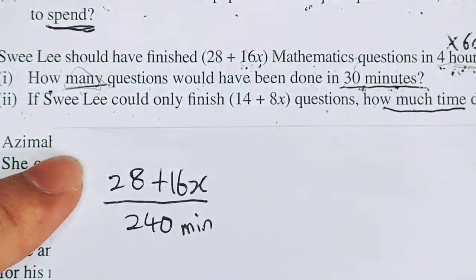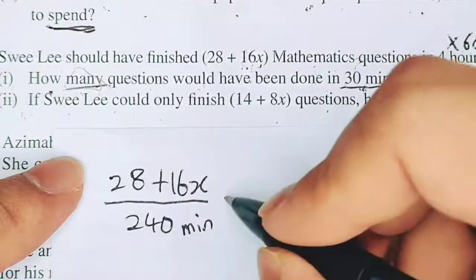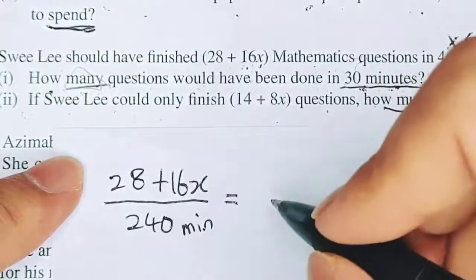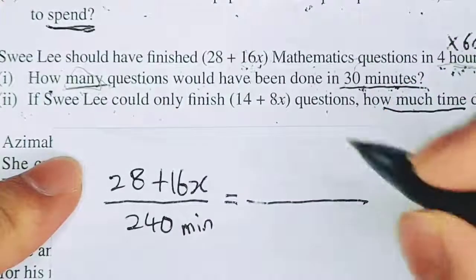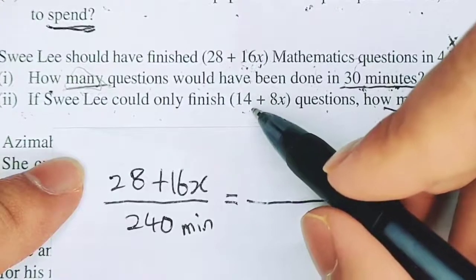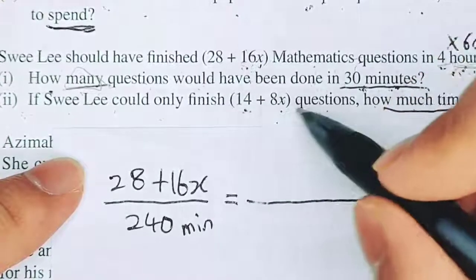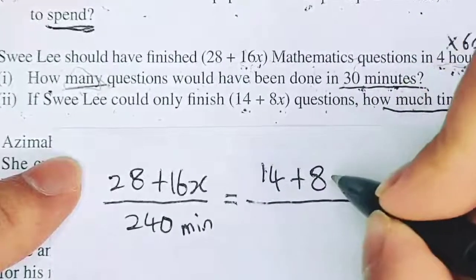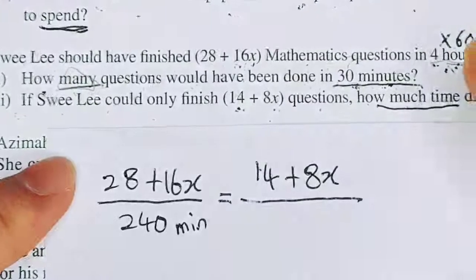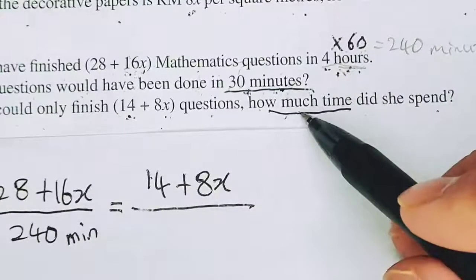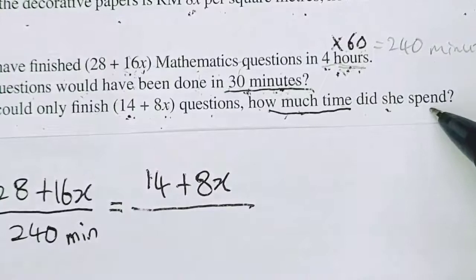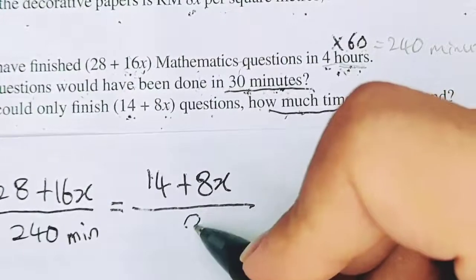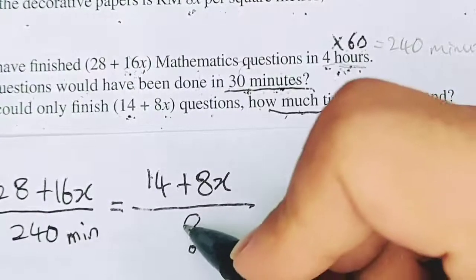Correct? And we do the proportional. If Sui Li finishes this many questions, 40 plus 8x, how much time did she spend? How much time?